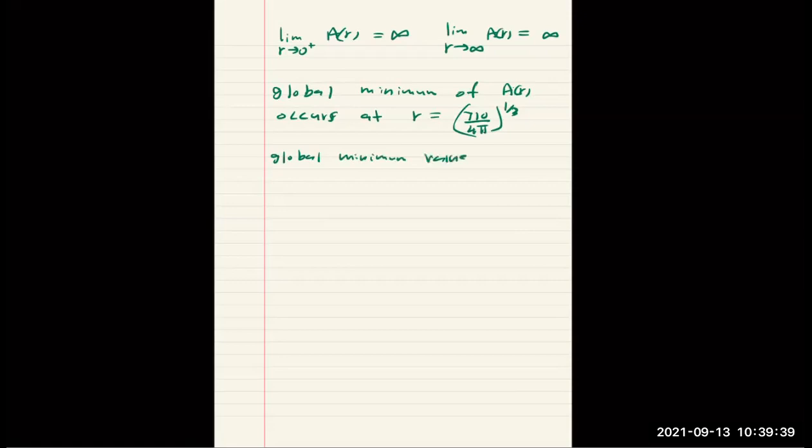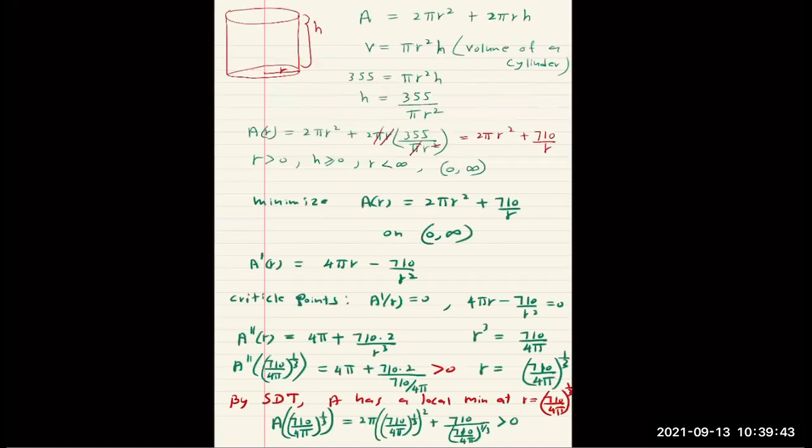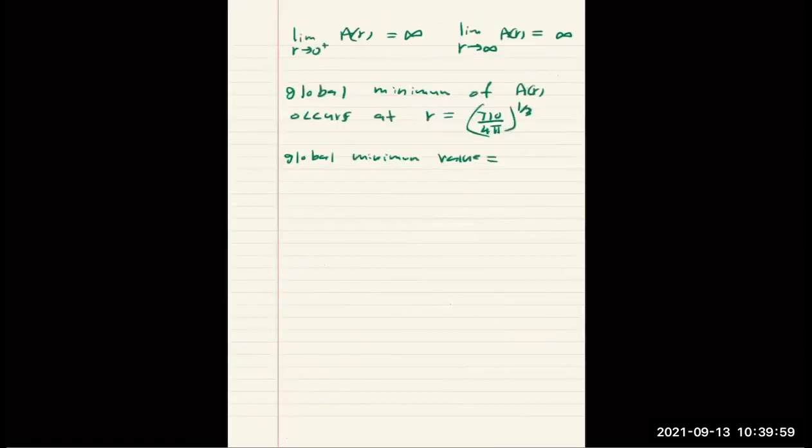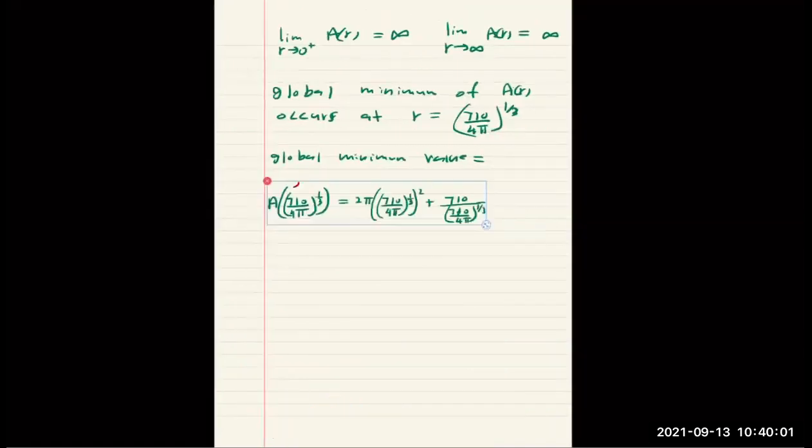The value is equal to whatever value we obtained here. This is the global minimum value. Let me copy the whole thing. This value.